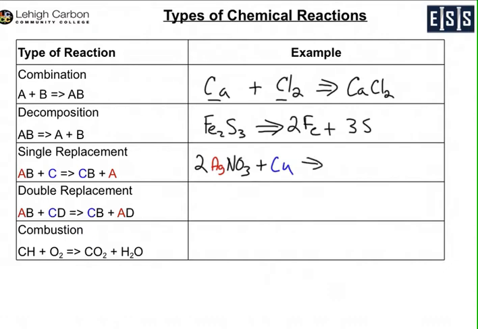So you have your A and your C are going to switch places, and so you're going to make copper nitrate on this side, Cu(NO3)2, and then you'll have 2 silvers.